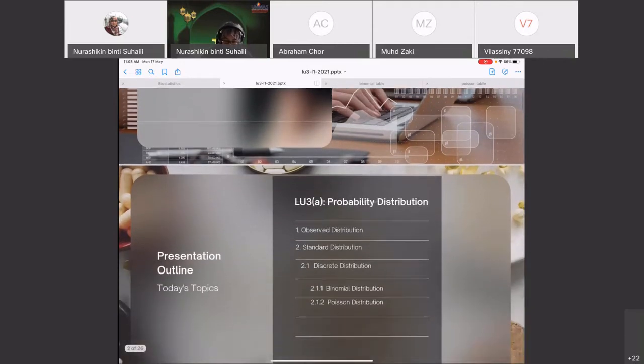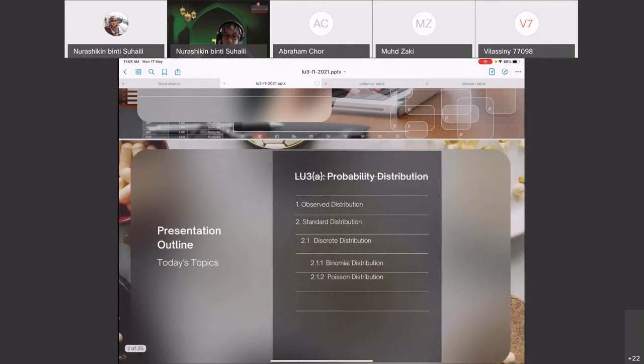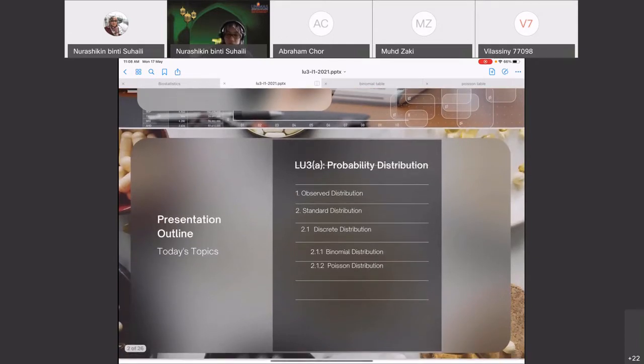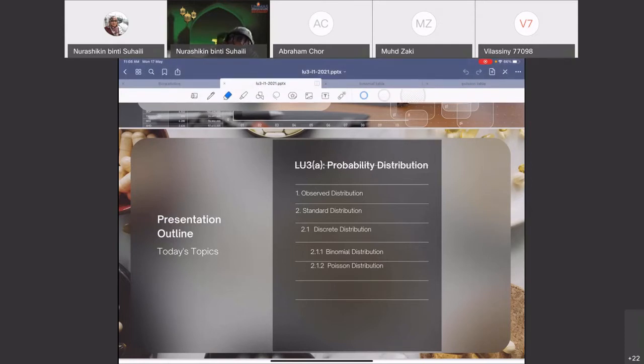First let's have a look at probability distribution. In this first lecture, we are going to cover what is observed distribution and what is standard distribution. Under standard distribution, there are two types. The first one is discrete distribution, and the second one is continuous distribution, which we will cover in the second lecture after this.